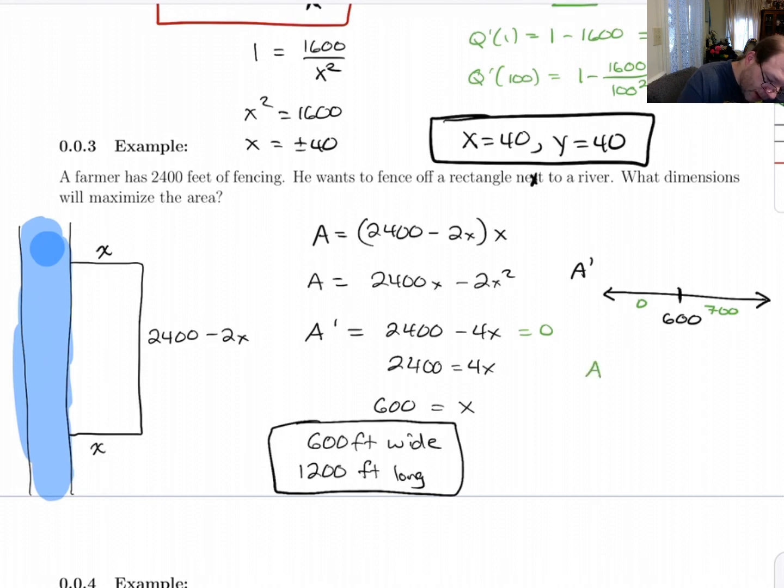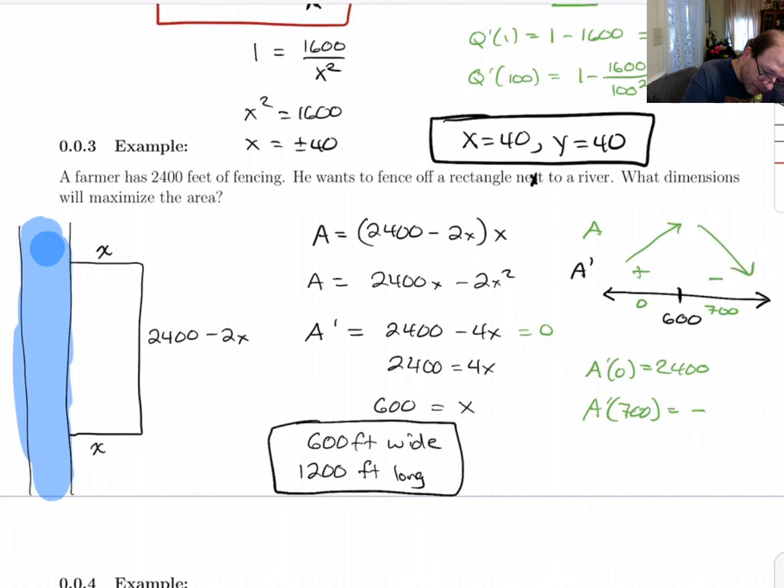If you do A prime of 0, you're plugging 0 into here, so you get 2,400. And if you do A prime of 700, you get 2,400 minus 2,800, which is negative. So sure enough, you can see that the area is going up and then down. So sure enough, you get a maximum there.